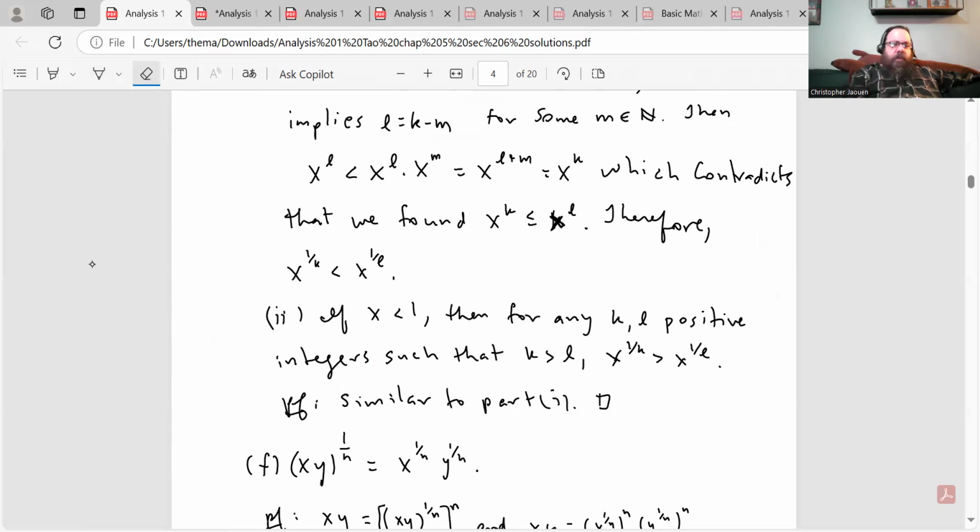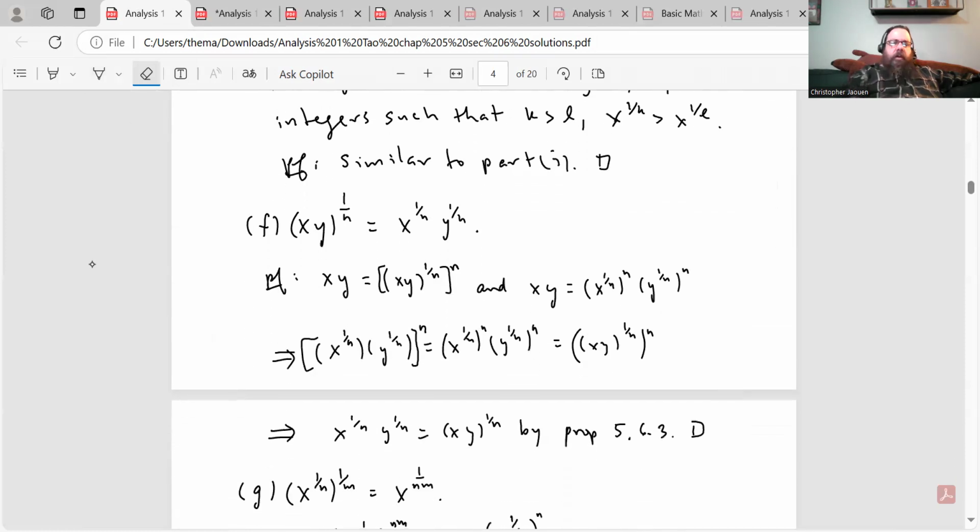So part F is pretty straightforward. Part F says (xy) to the 1 over n equals x to the 1 over n times y to the 1 over n. Here's the proof. xy is equal to ((xy) to the 1 over n) to the n by parts A and B of 5.6.6. And xy equals (x to the 1 over n) to the n times (y to the 1 over n) to the n.